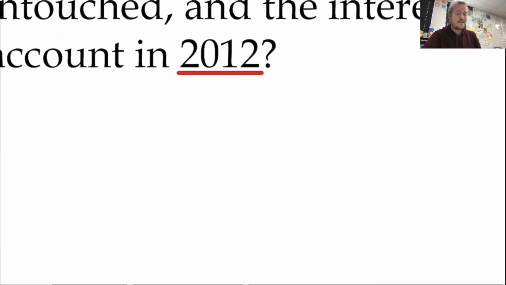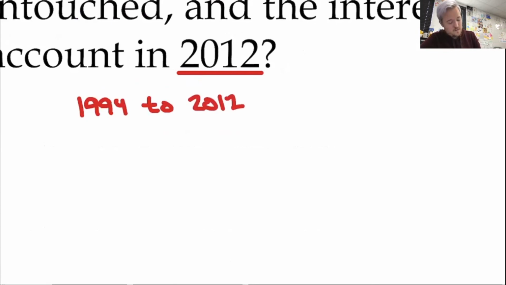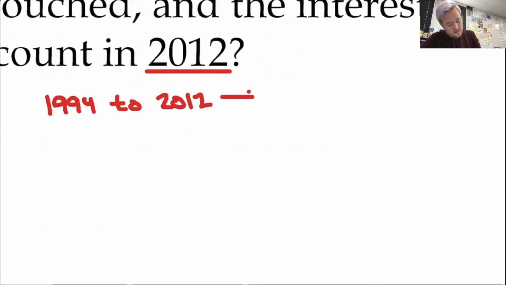From 1994 to 2012, that is going to be 18 years. So we want to find the account balance after 18 years.